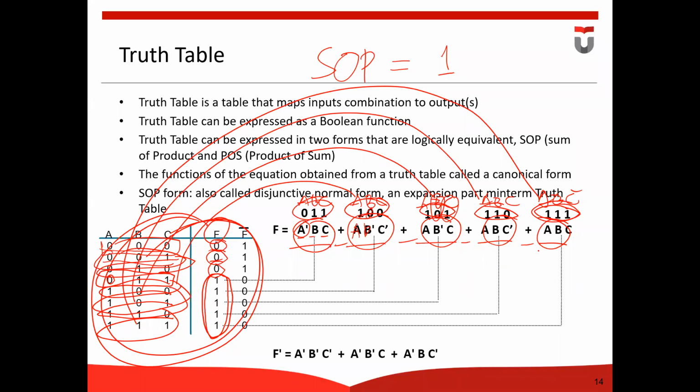This is how we represent the truth table, either by using the table itself or by using canonic form. And in this case, we use the SOP. Now, how about if I want to use the POS? In POS, we're going to try to find the output when it is 0. So this is the output 0.